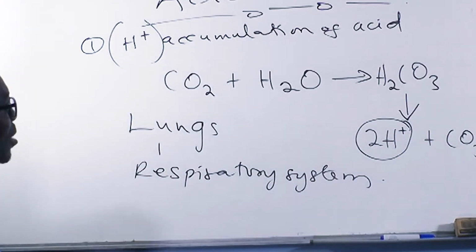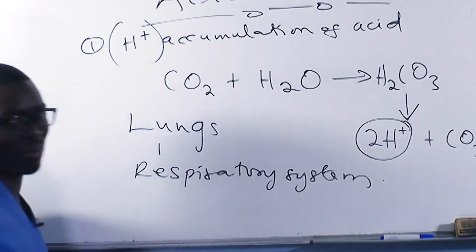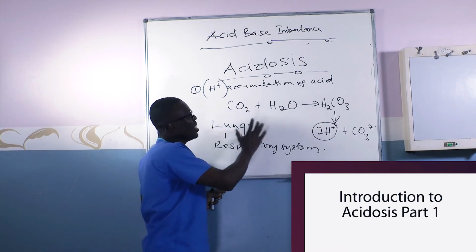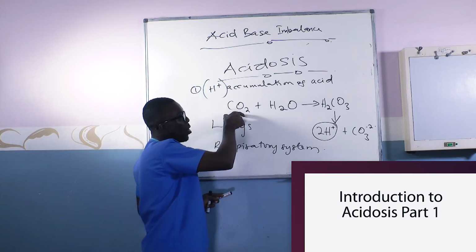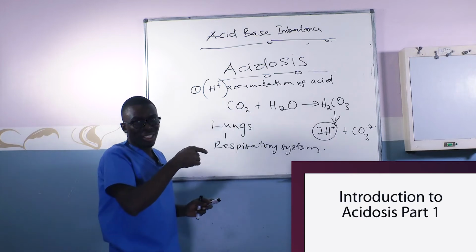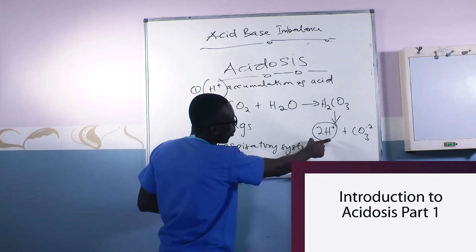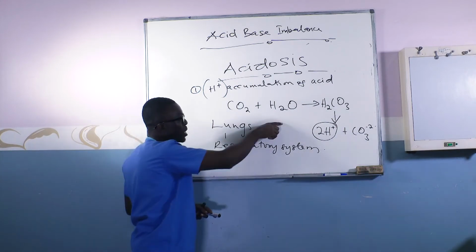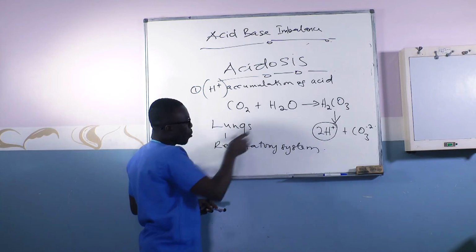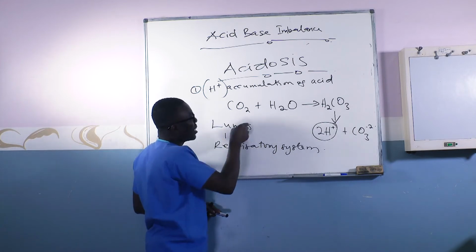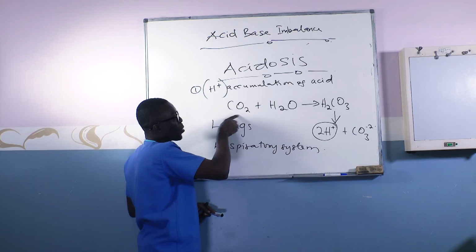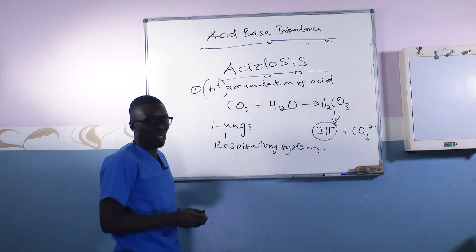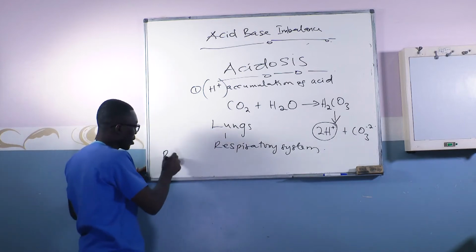Hence, if something happens to the respiratory system, or anything occurs in the respiratory system that leads to excessive accumulation of carbon dioxide in the body, then it means that more acid will be formed, then it will lead to what? Acidosis. So because the cause of this acidosis is a respiratory problem that has led to the accumulation of carbon dioxide, we term that type of acidosis as what? Respiratory acidosis.